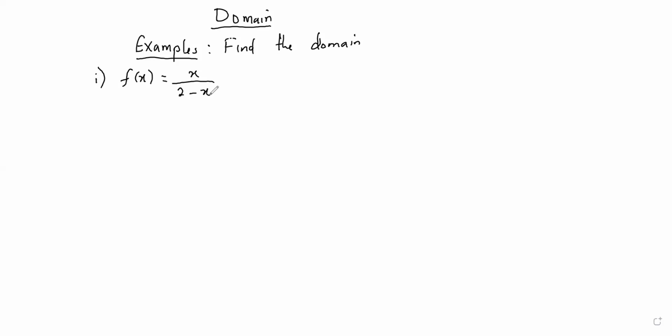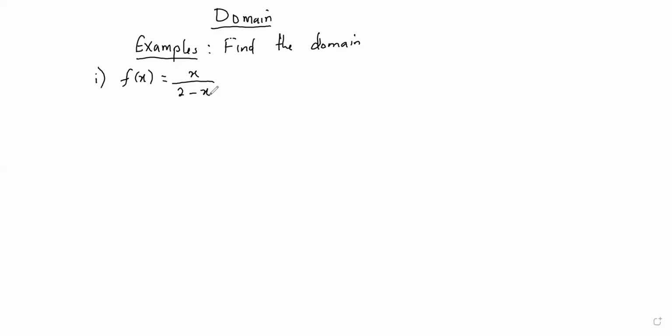Here is a function that is a fraction. Okay. For what values of x will this f continue giving us numbers? So when I take x, I should get a number that I know, that I can mention.